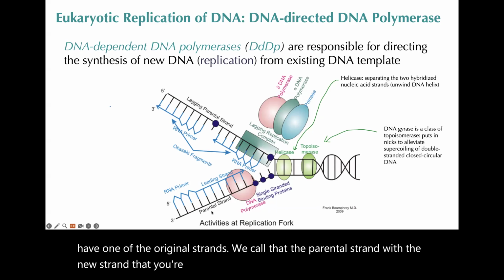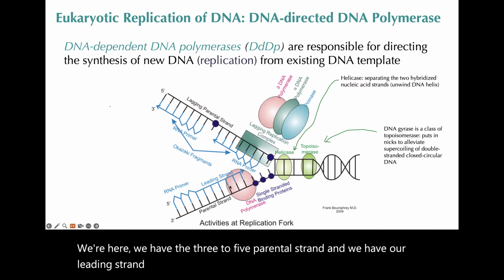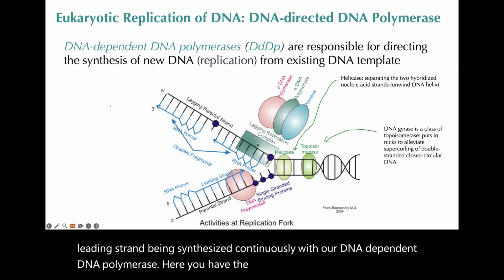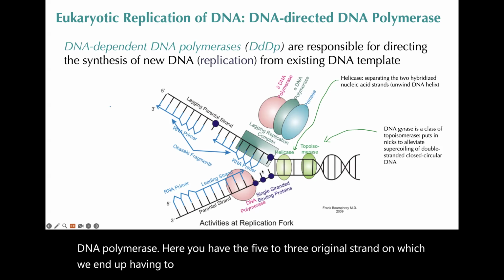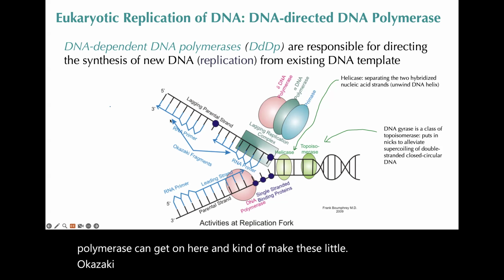Again, you'll have one of the original strands, we call that the parental strand, with the new strand that you're making. This kind of flipped from the previous slides, where here we have the 3 to 5 parental strand, and we have our leading strand being synthesized continuously with our DNA dependent DNA polymerase. Here you have the 5 to 3 original strand, on which we end up having to have helicase open everything up before our DNA polymerase can get on here and kind of make these little Okazaki fragments that'll have to be stitched together.